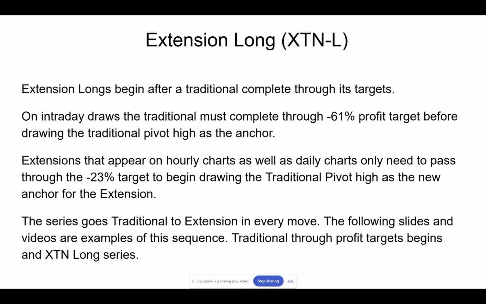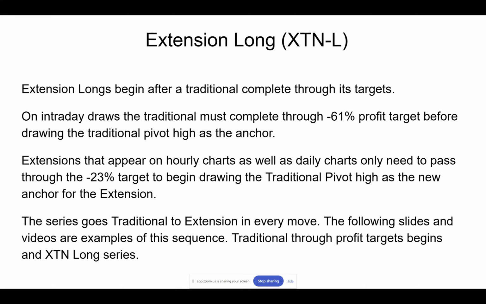But I'm a little more picky with my extensions intraday than I am with my extensions that occur over the course of multiple days. If they're going over the course of multiple days, they can begin as soon as we go through a negative 23. The other thing to be aware of is if we're completing a target on the negative 23 over a higher time frame, it's typically a larger target.